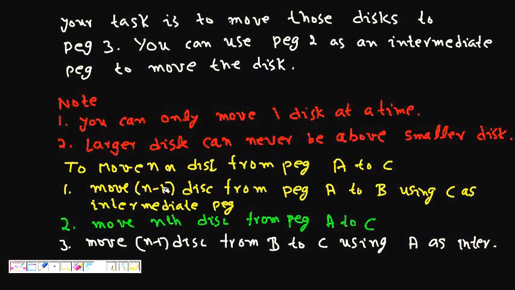So move n minus 1 disks from peg A to peg B, using C as intermediate peg. Then move the nth disk from peg A to peg C. Then move the n minus 1 disks from peg B to peg C using A as intermediate.